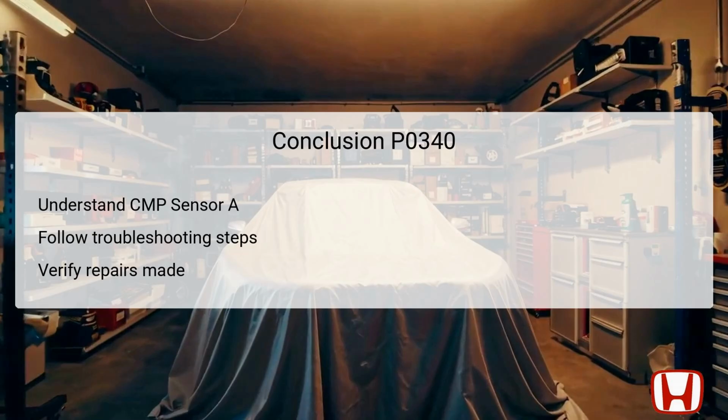Following a structured approach not only aids in accurately diagnosing the issue, but also streamlines the repair process. The final verification step reinforces the importance of confirming that issues are resolved and provides valuable feedback about the vehicle's performance. Mastering these procedures enhances both confidence and effectiveness in addressing similar issues in Honda Civics and related models in the future.